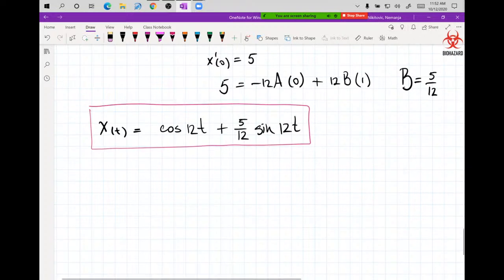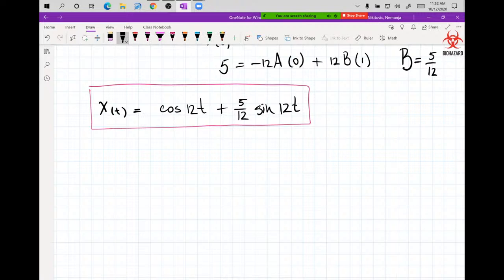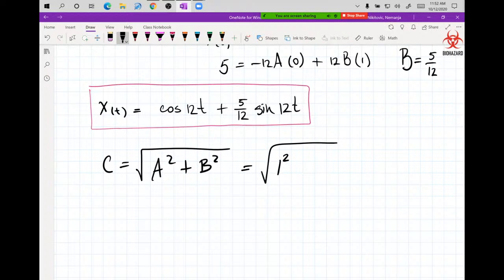but I would like to mush these together. And we achieve that by figuring out c, which was the square root of a squared plus b squared, and that is the square root of 1 squared plus 5 over 12 squared. Now that is 1 plus 25 over 144, which will give us 144 plus 25, this one is 169.